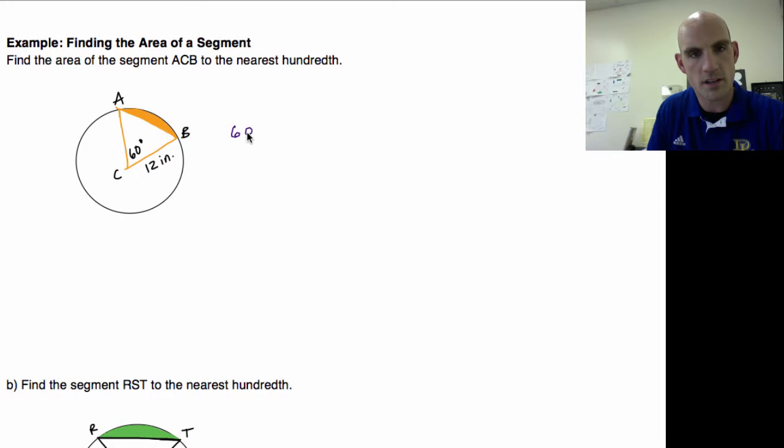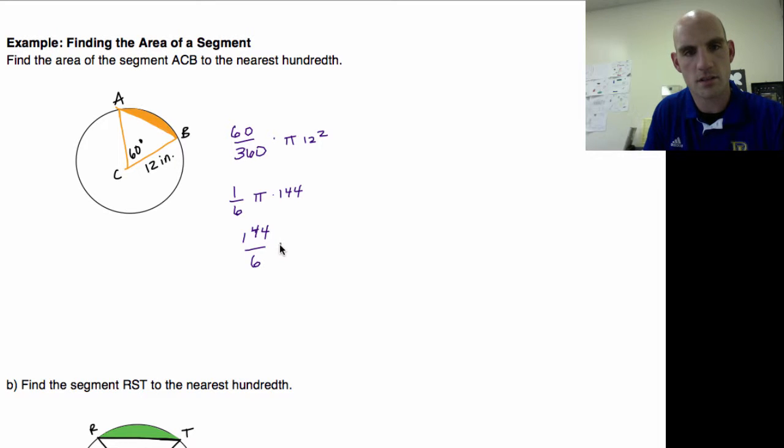So it's going to be 60 over 360 times pi times 12 squared. So I'll have 1/6 times 144 pi, so 144 over 6 pi. That's the area of my sector.